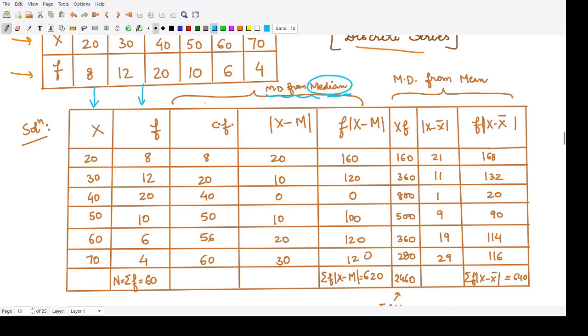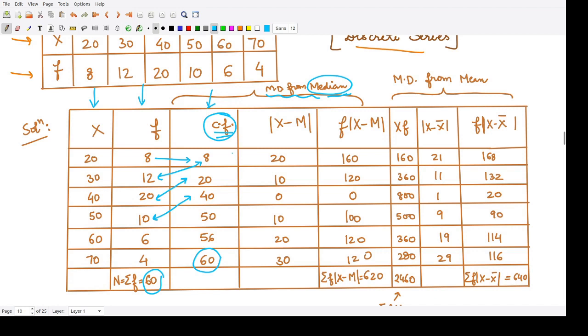And for median, we require this cumulative frequency. So how do we obtain this cumulative frequency? The first value goes as such. The second value would be the sum of these two. The third value is the sum of these two. Fourth would be the sum of these two, and so on. So this final value 60 is equivalent to this 60. So this third column is obtained for cumulative frequency.